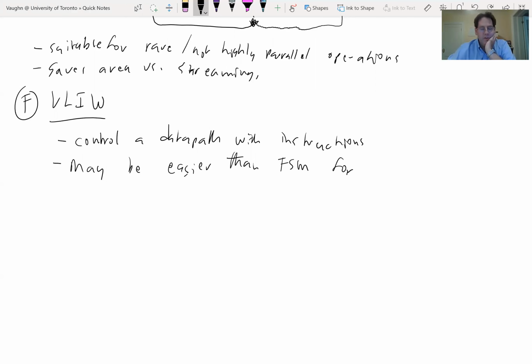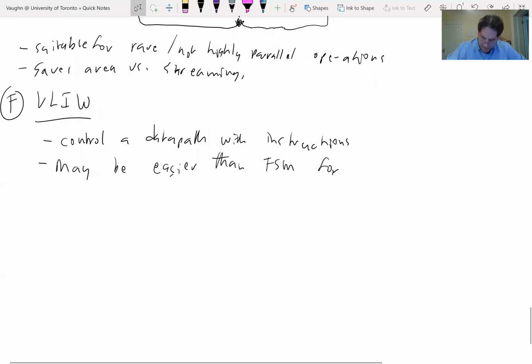If you have a lot of function units and a pretty complicated control flow, you might find the FSM starts to get more complex than you want, in which case you can basically have instructions that you sequence through. So you make a very simple processor from a control flow point of view, and it controls a whole bunch of functional units. Okay, so for some data paths, this might be easier than an FSM.